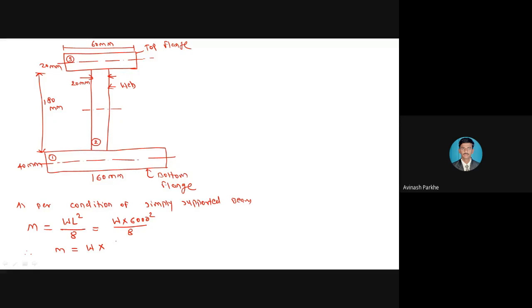In the form of W, you will get the value of M. 4.5 into 10 raised to 6. Okay, so this is the value of M we have calculated in the form of W, because UDL value is not given. So keep this particular equation as it is.